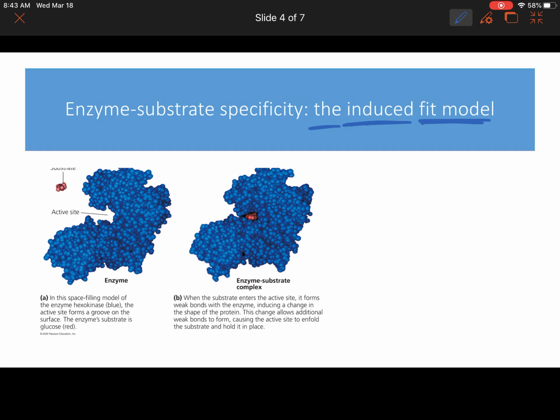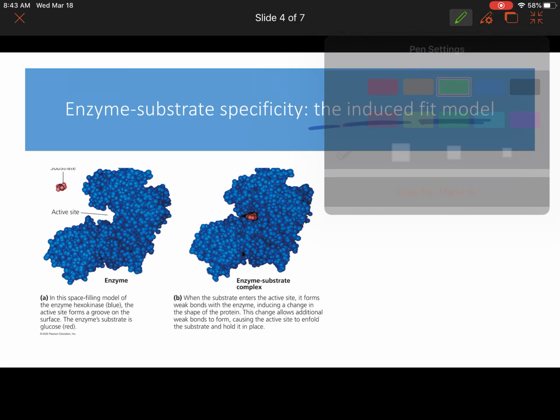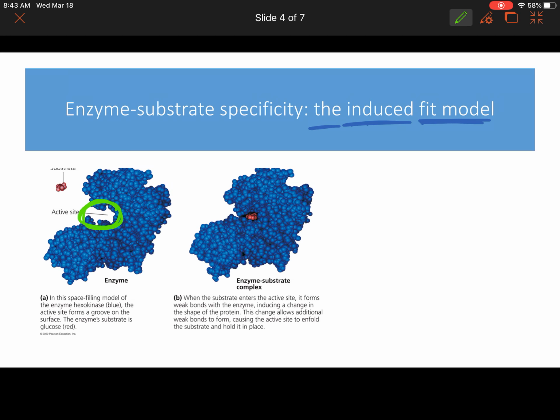Well, if we look over here at part A of this figure, we see an enzyme. It's in its tertiary structure, and it has an active site right here. Okay, that active site is going to be specific for the substrate to bind. Okay, the substrate is going to be a reactant in a chemical reaction. Well, notice when the substrate bound the enzyme, this enzyme shape changed a little bit.